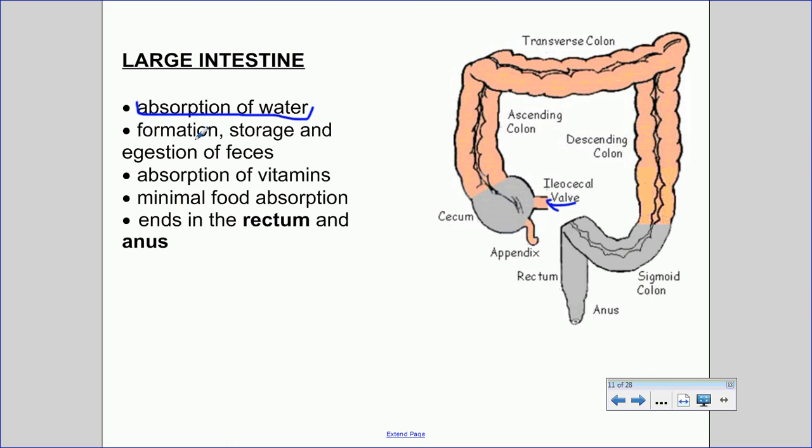This is also where you get formation, storage, and eventually egestion of feces, and then absorption of minerals will occur in the large intestine. There is minimal nutrient absorption, and the large intestine will basically end with the rectum and then the anus.